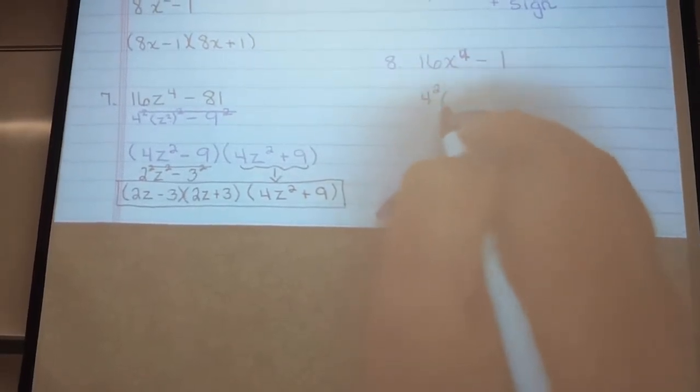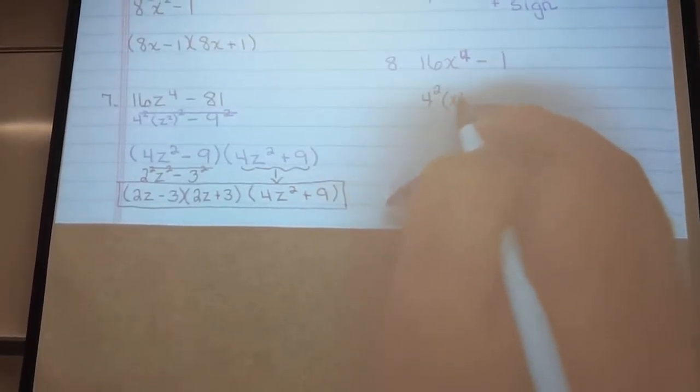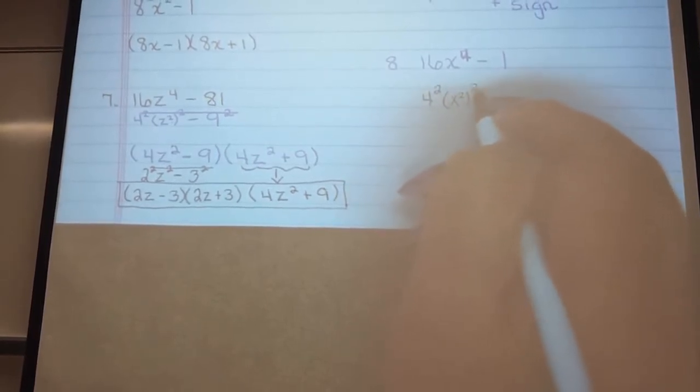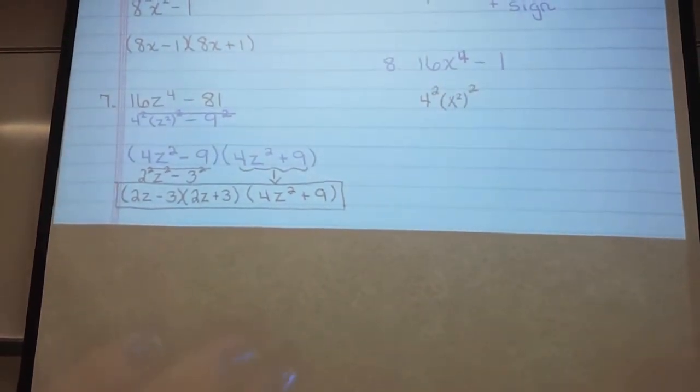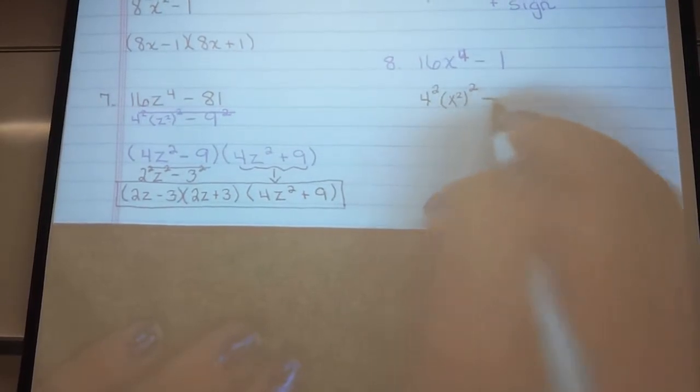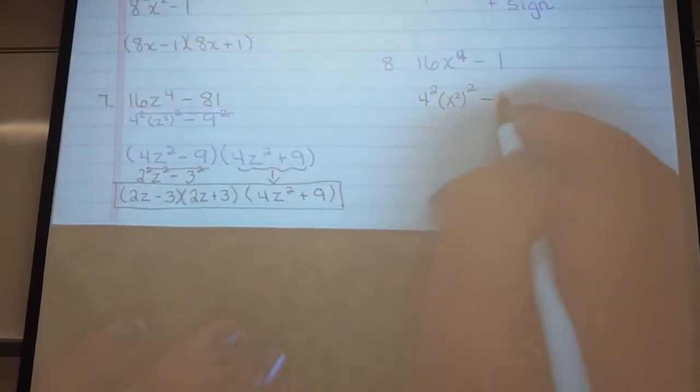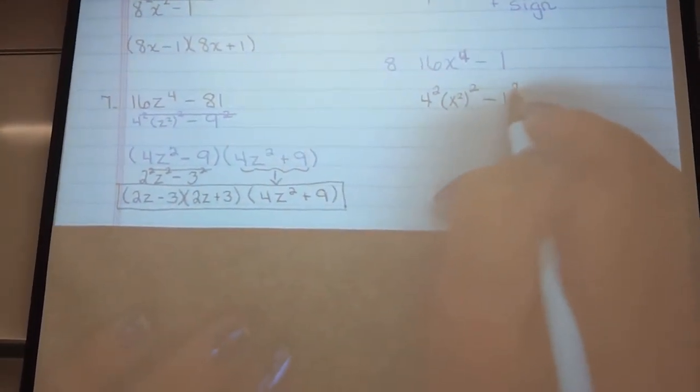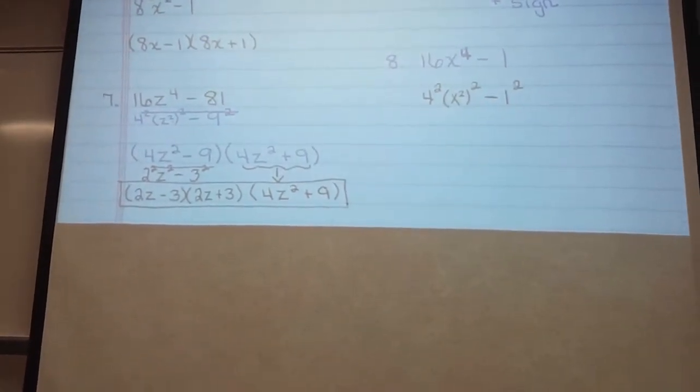X to the 4th, remember, you're going to write x squared every single time. Minus, how can you rewrite 1? 1 squared. So everything has a square.